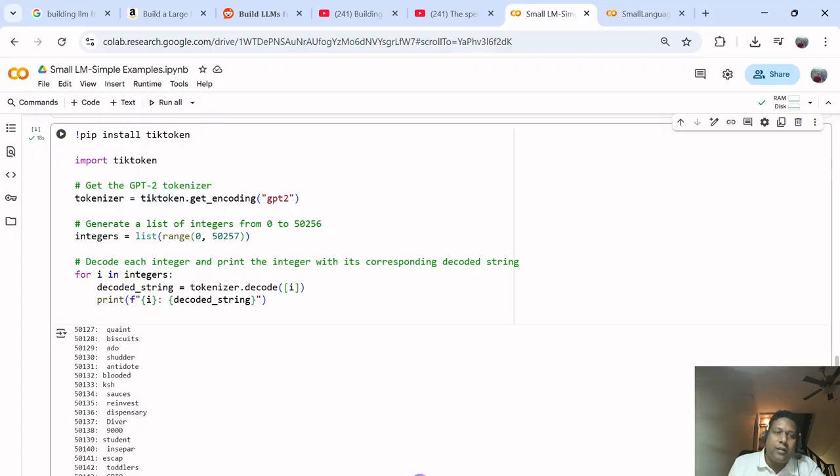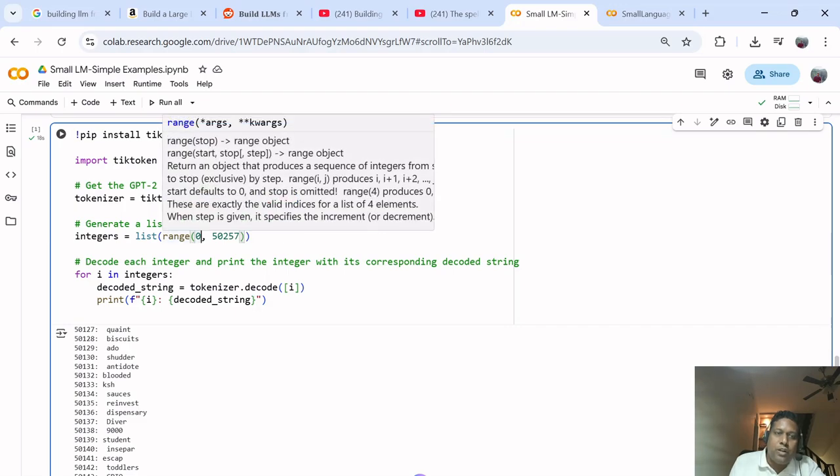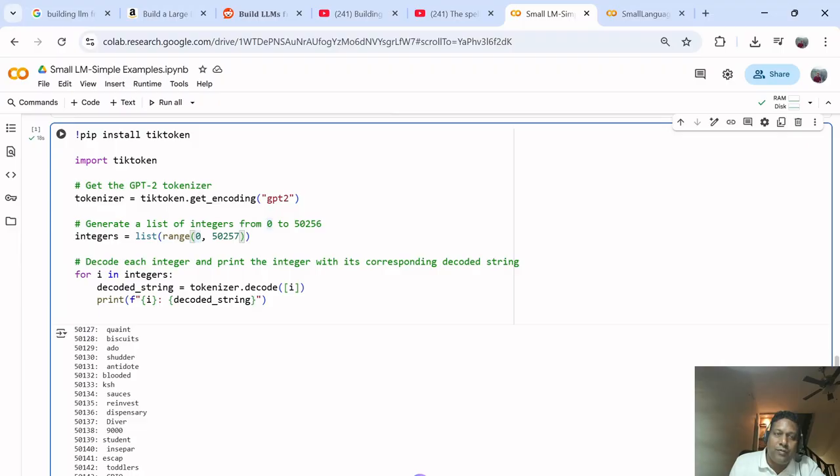So what that essentially means is, the GPT-2 byte pair encoding, which is available in the tiktoken library, is a range of numbers from 0 to 50,257. So in about 50,000 tokens, the words of English are covered.